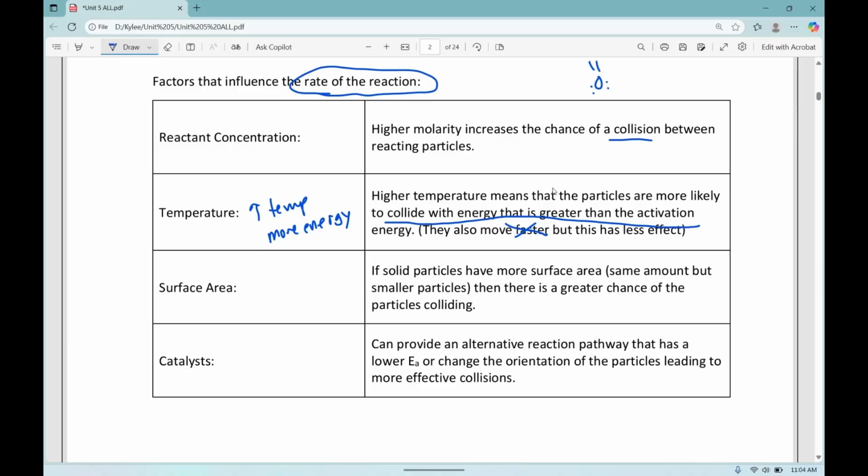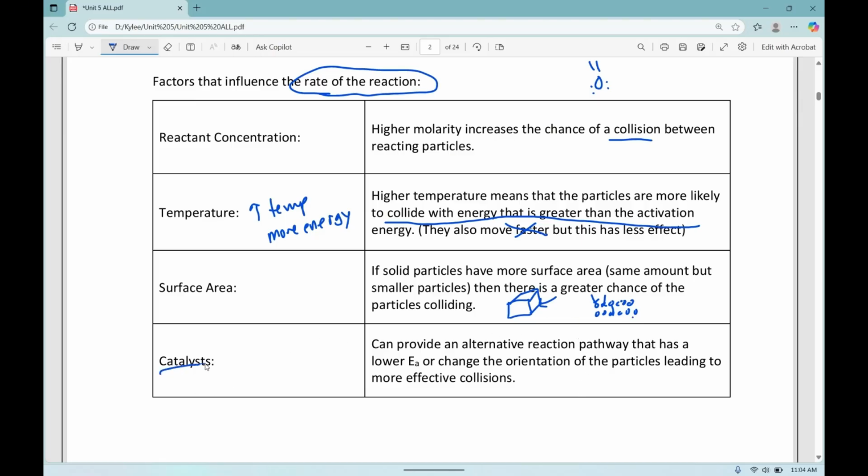Surface area is something that we look at if we grind stuff up into smaller particles. So instead of having one big block like a sugar cube, if I had a bunch of tiny pieces, that usually makes the reaction go faster because we can have more collisions instead of only being able to access the outside.